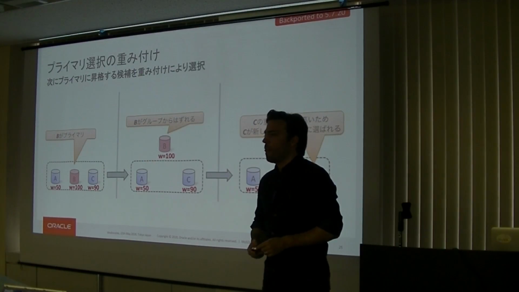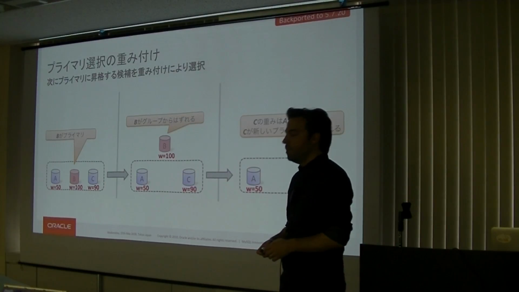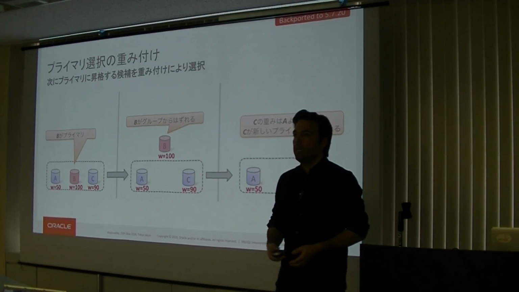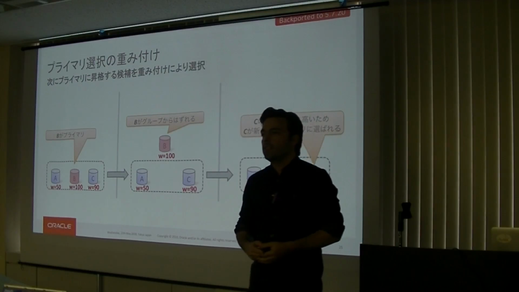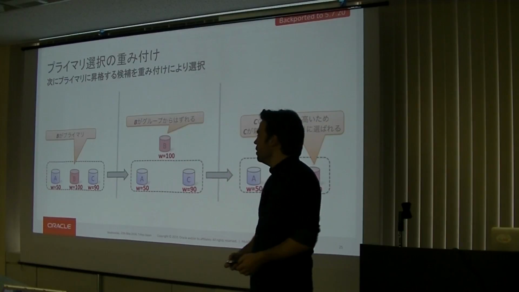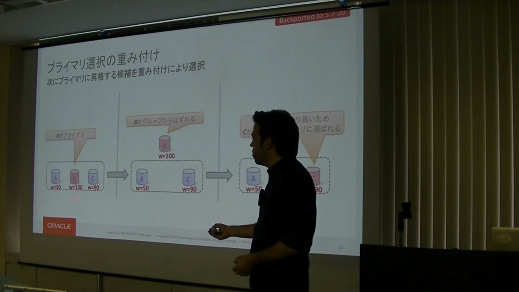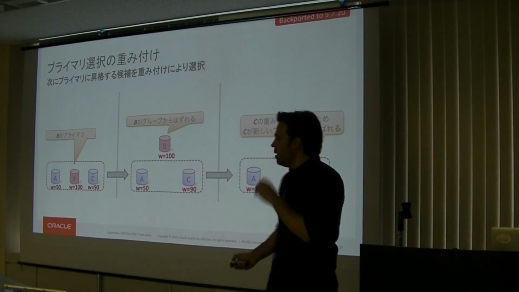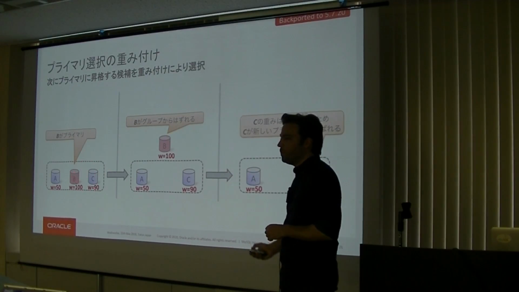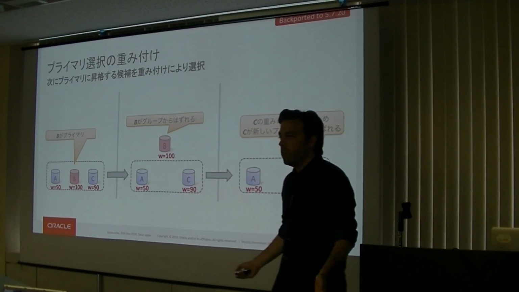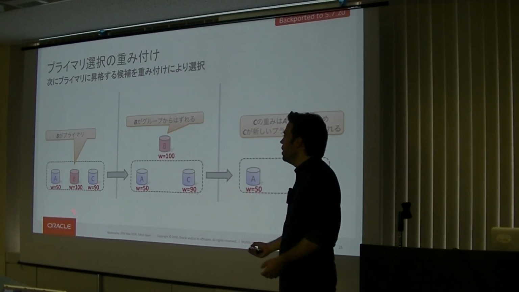Also, we added a feature to provide election weights, in the sense that if you have a group, in this case with 3 servers, A, B, and C, and B is the primary, so it's the server that we write to, the other 2 are secondaries, then they are read-only.